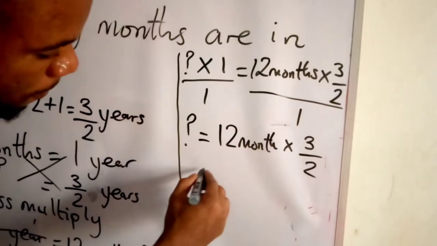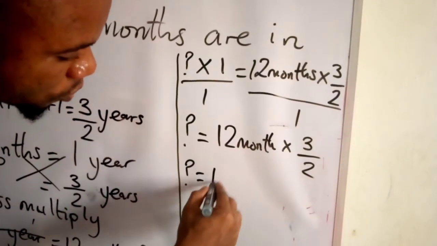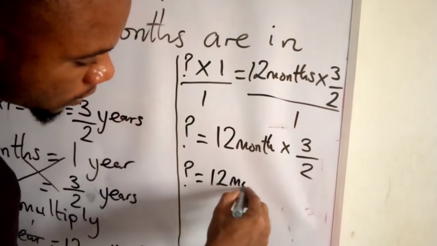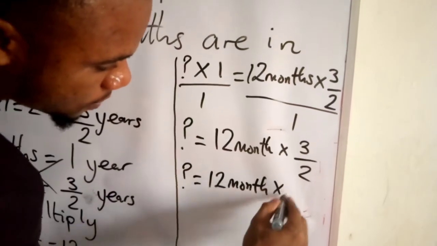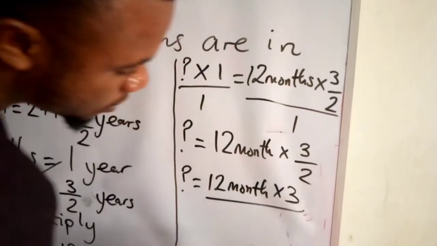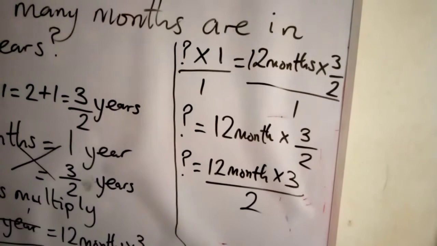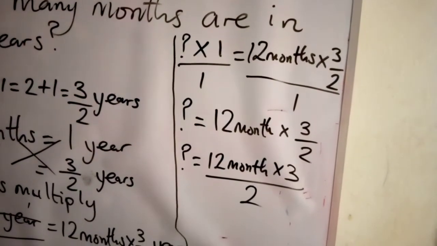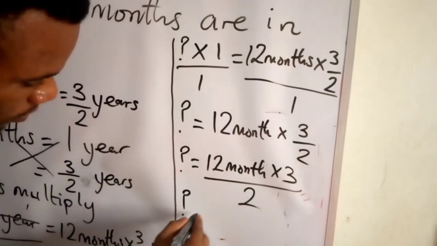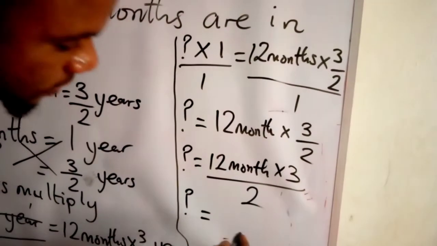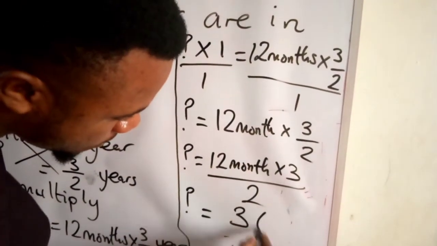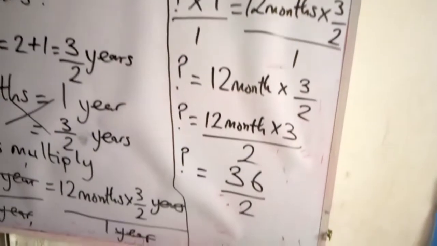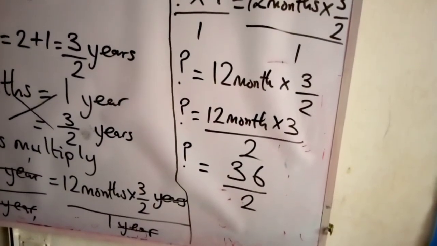Unknown is 12 months times 3 all over 2. So what is 12 times 3? 12 times 3 is 36. Good, all over 2.